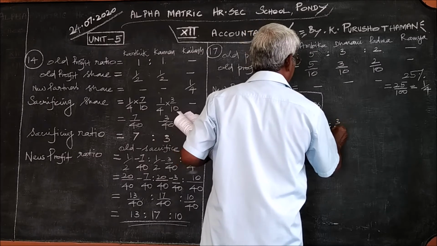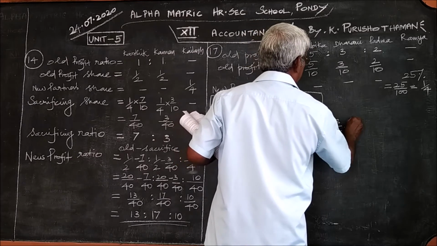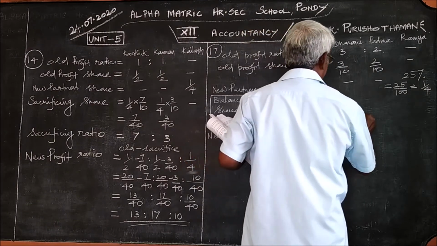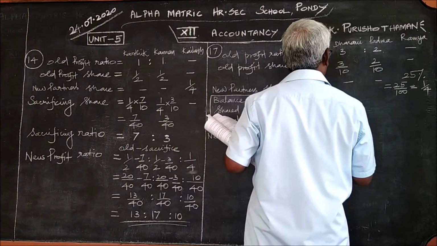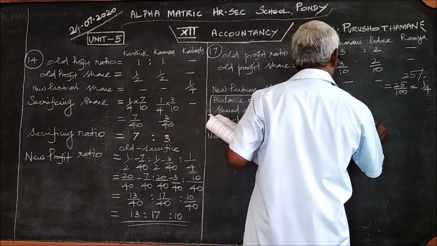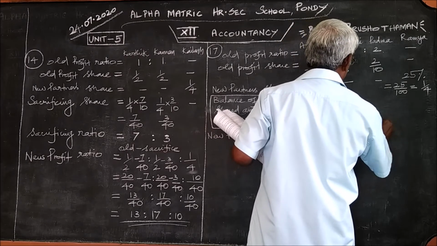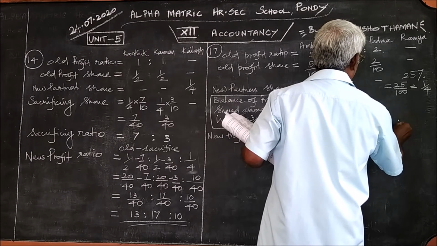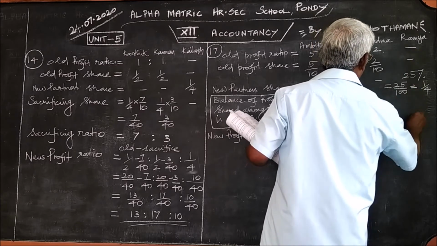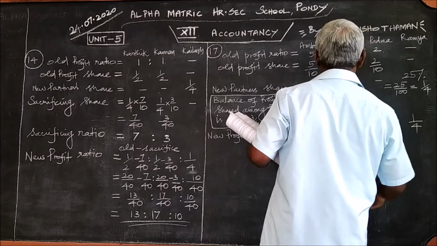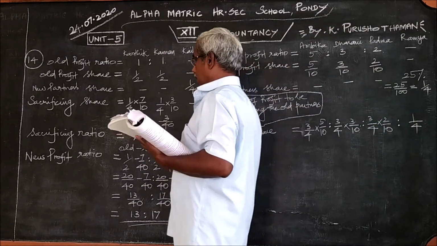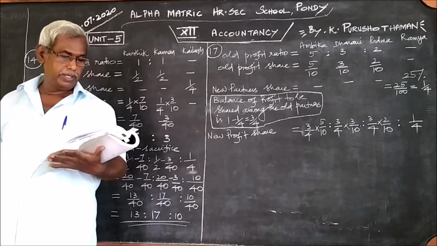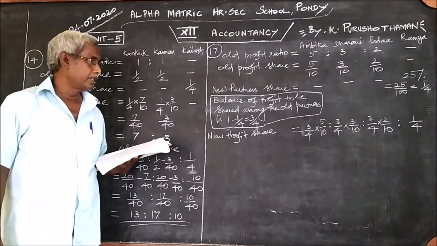From this 3 by 4, 3 by 10 is taken by Dharani. From this 3 by 4, 2 by 10 is taken by Padma. And as promised, the new partner's share is 1 by 4. You should remember this, it is very important.